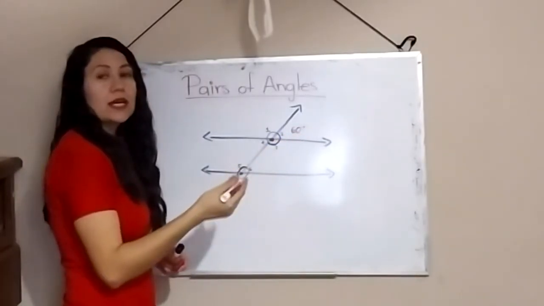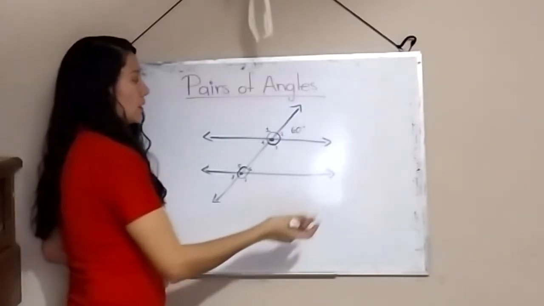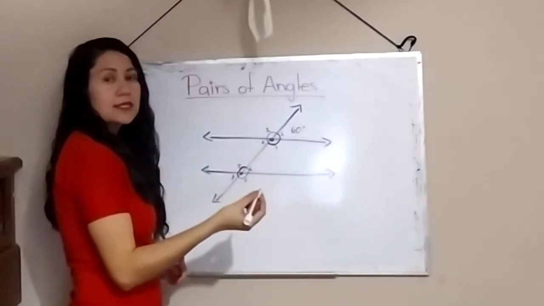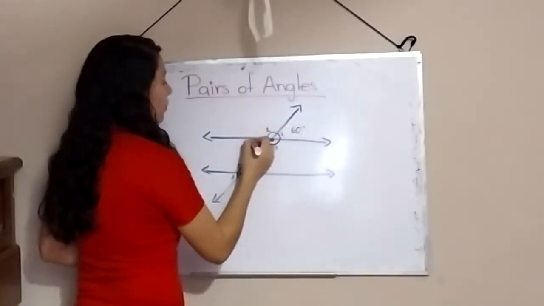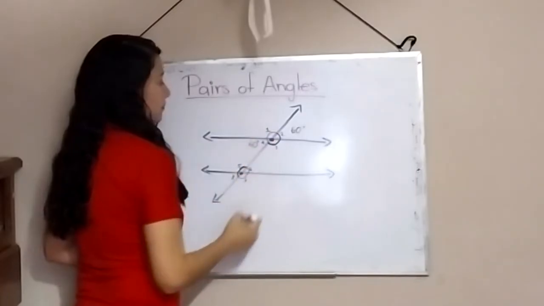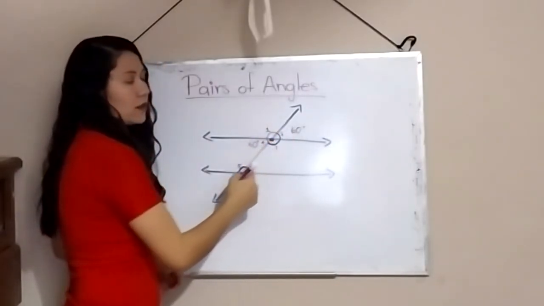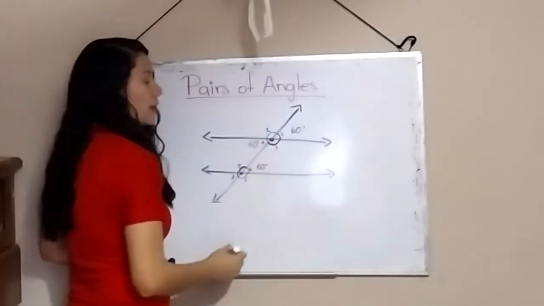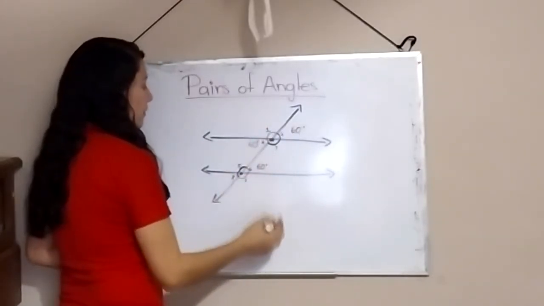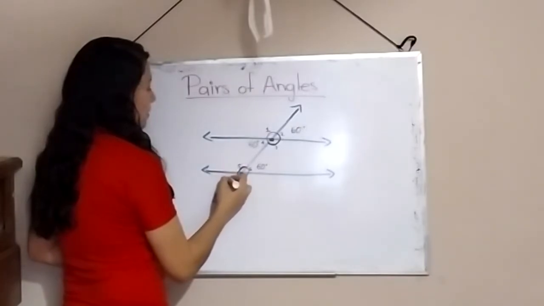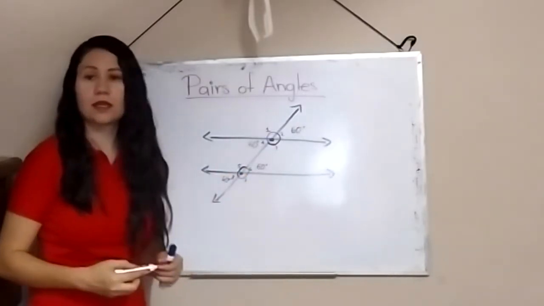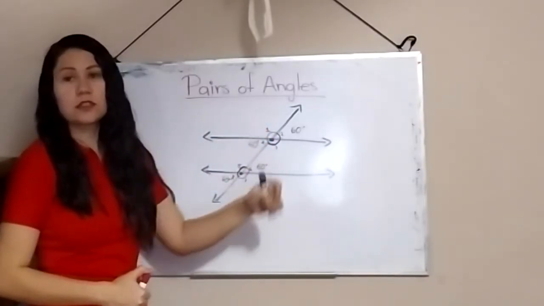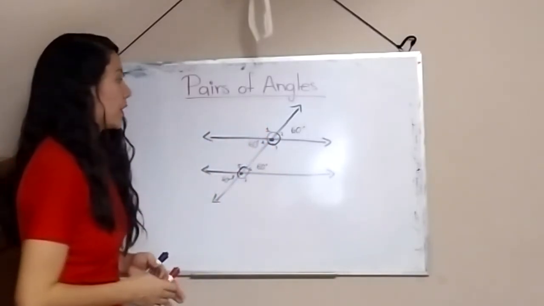Also, we know that the vertical angle to number 2 is also going to be 60. So number 4 is also 60. The corresponding angle to number 2 is also 60. And the alternate exterior is also 60 degrees. We already have the measurement of 4 of our angles just by knowing one of them.